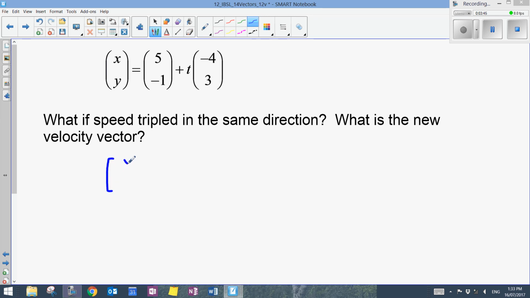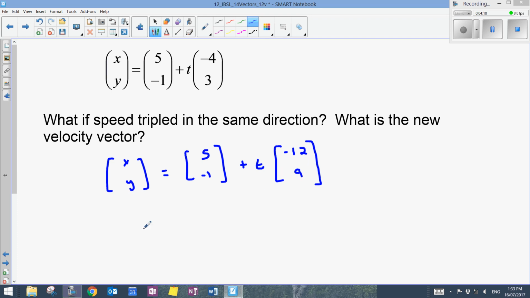If I started with x, y as our resulting position, we start at 5, -1, and let's say my speed triples, so that means I'm moving -12 and 9.